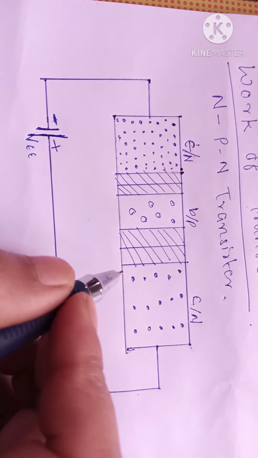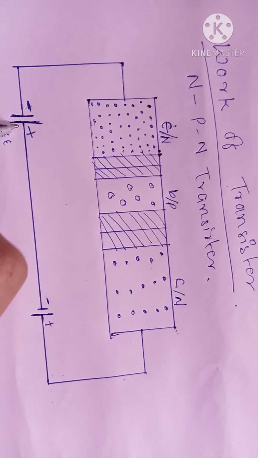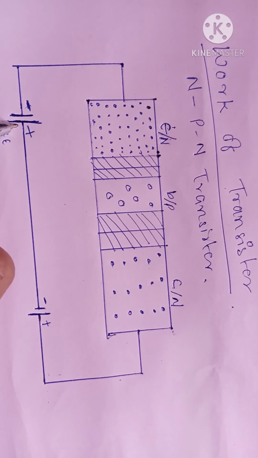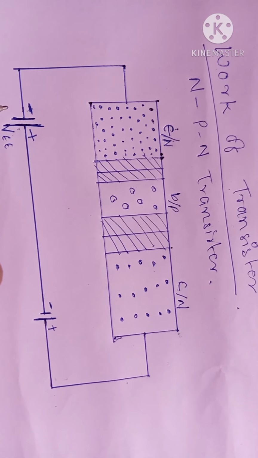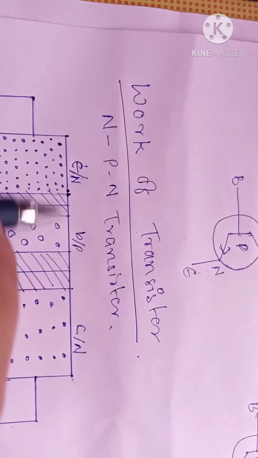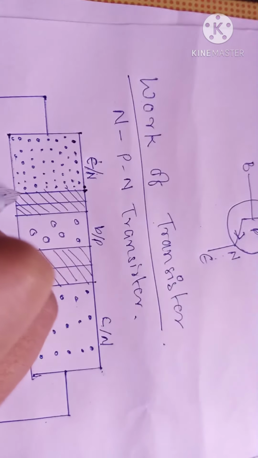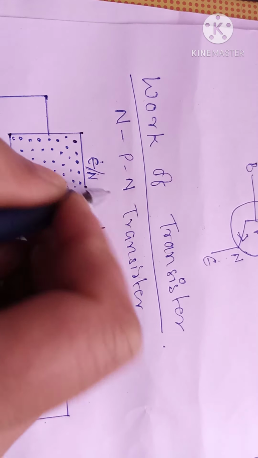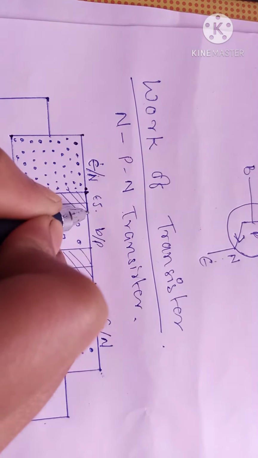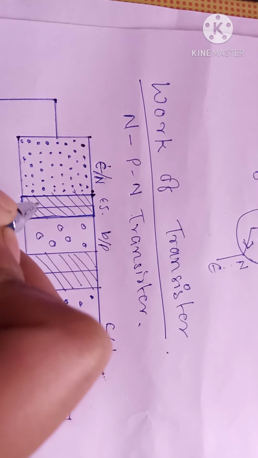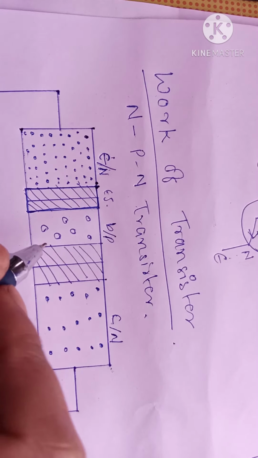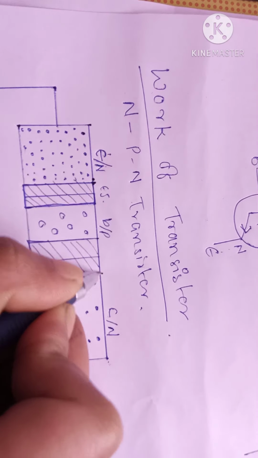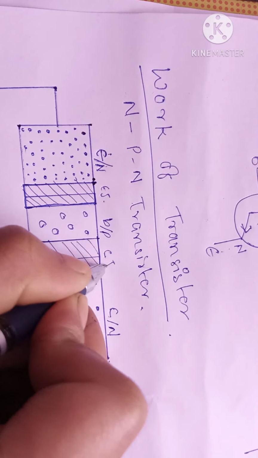VEE is providing forward bias, and because of forward bias, the depletion layer at the emitter junction gets short, while the depletion layer becomes wider at the collector junction.